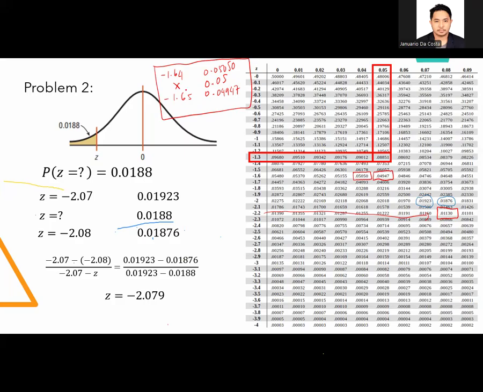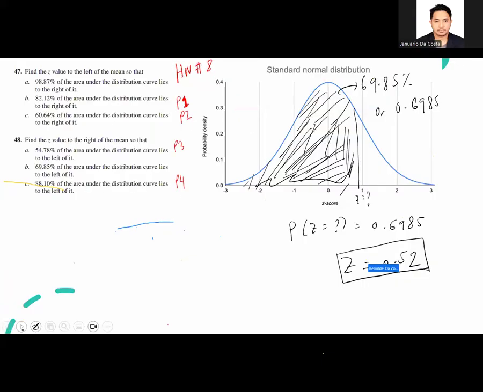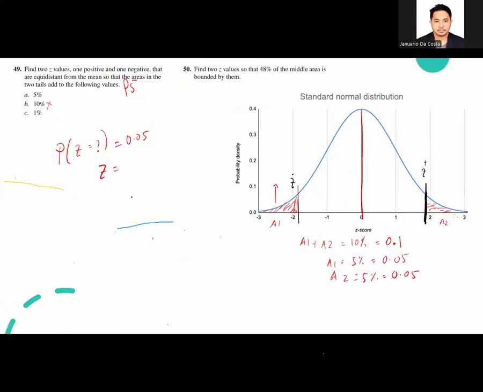Negative 1.64, negative 1.65. Did you write them down? Okay.